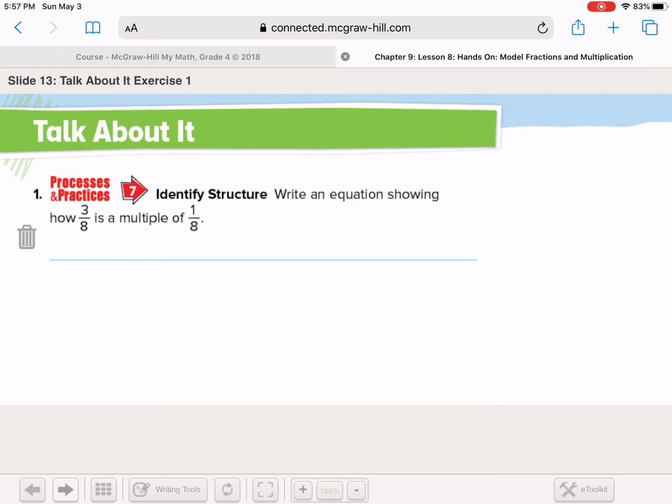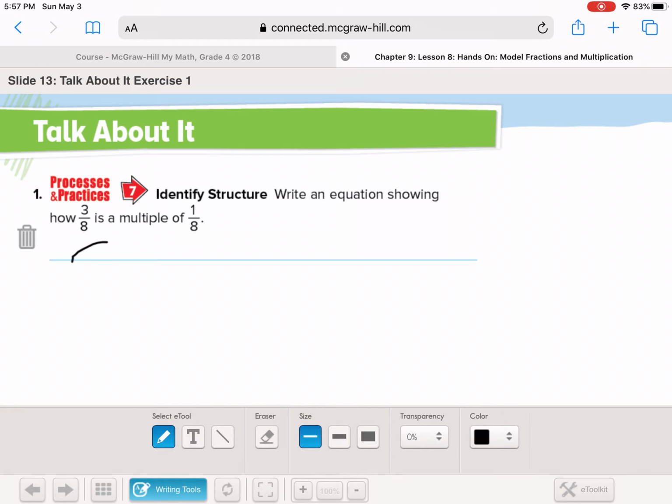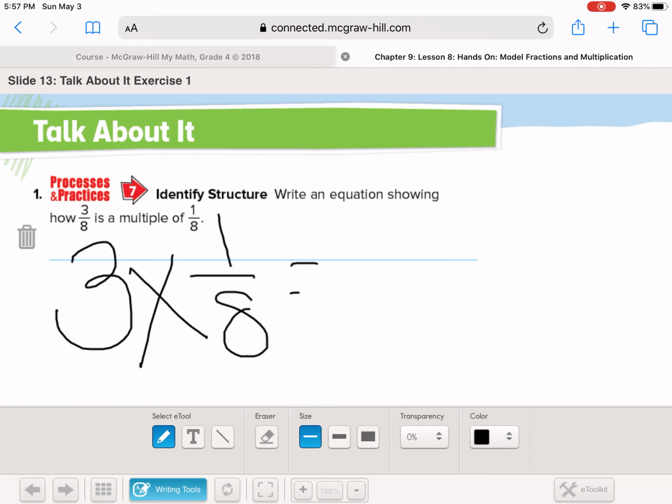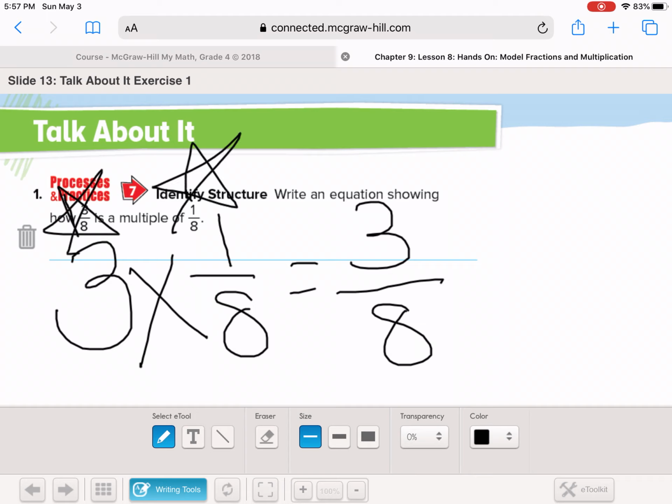So, write an equation showing how 3/8 is a multiple of 1/8. This is what they want. Take your numerator, make it a whole number, times your fraction. Because you multiply your whole number times your numerator, which gives you this numerator, and the 8 doesn't change, okay?